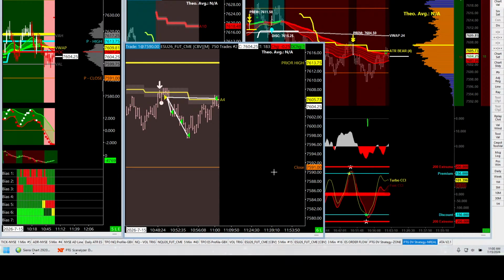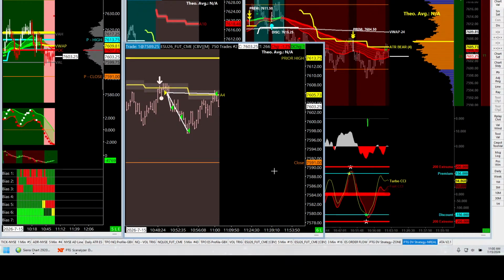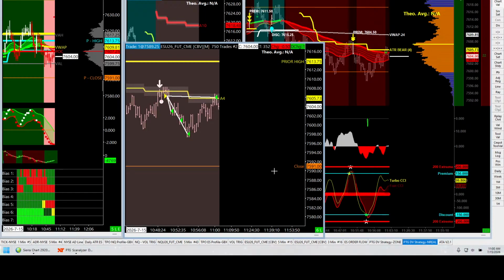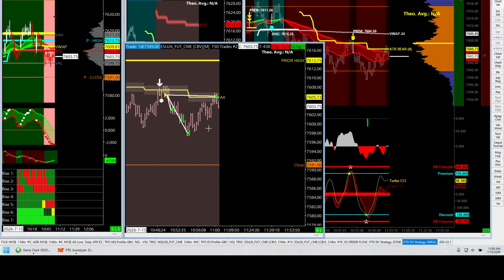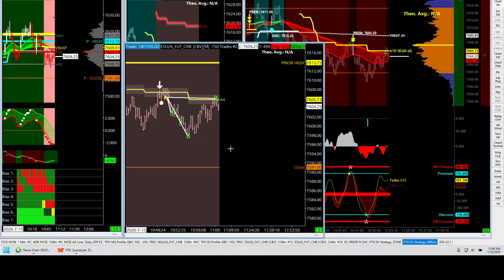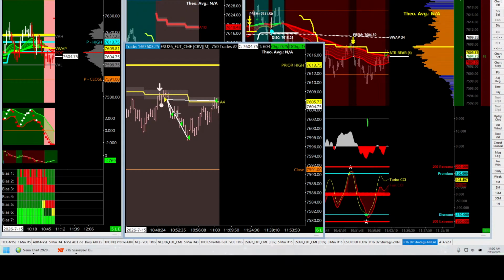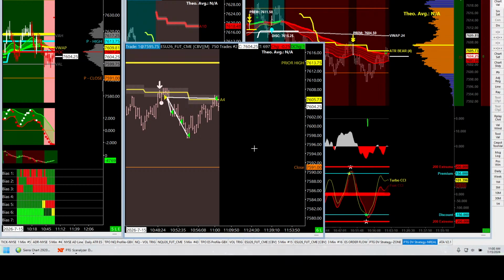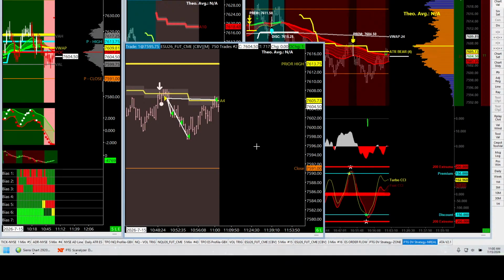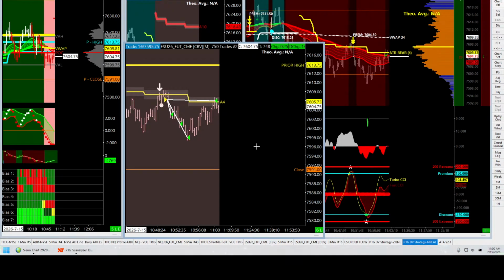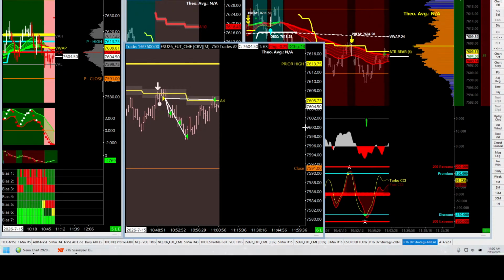What was the setting, Stuart asks, that made the profit point? You mean the various scale outs? The three take profits? The three take profits are based upon statistical backtesting of frequencies. Okay.